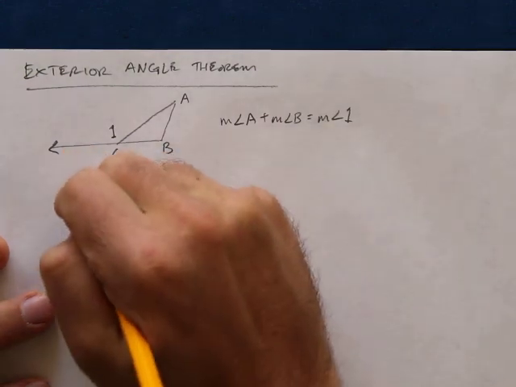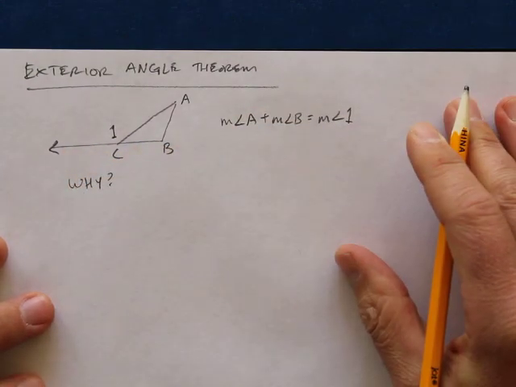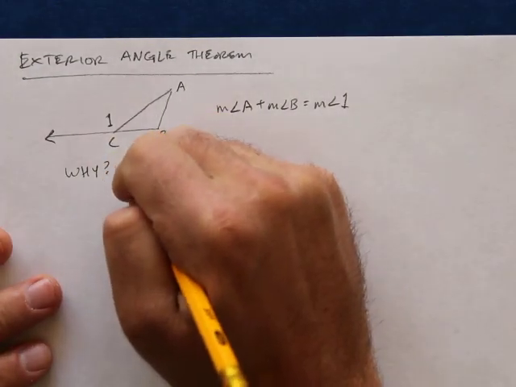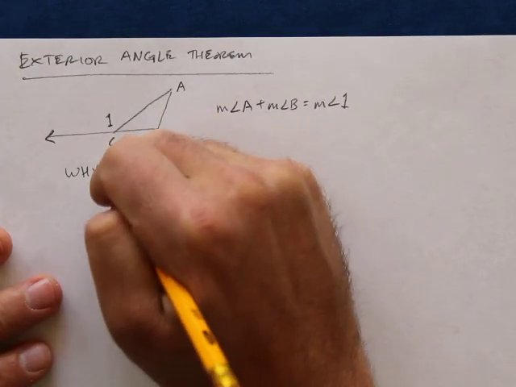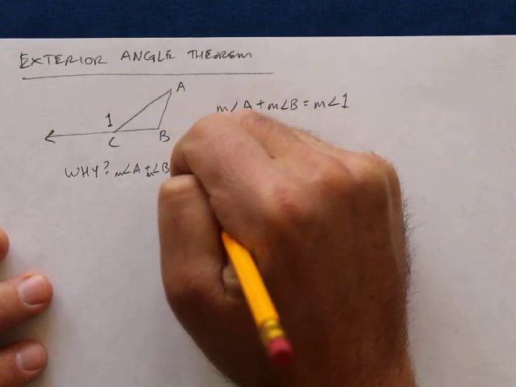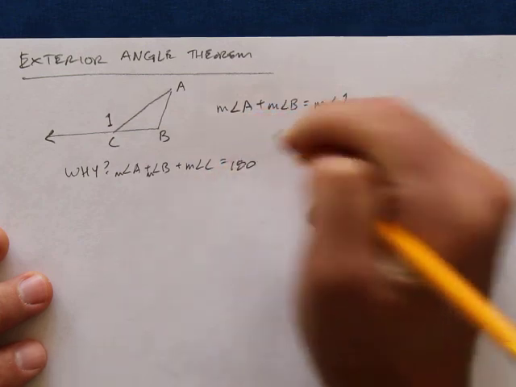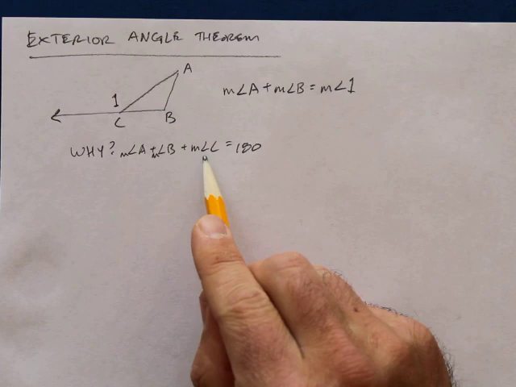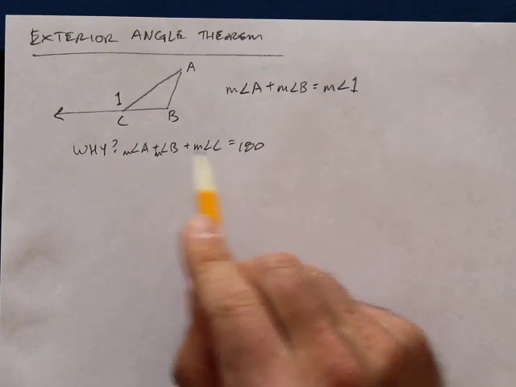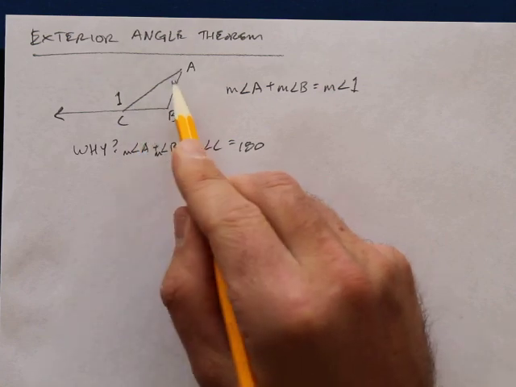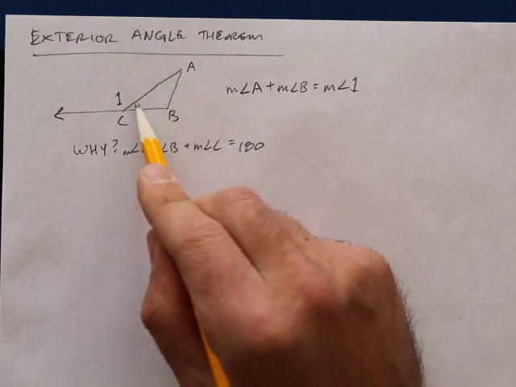Why? Let me show you why. The measure of angle A plus the measure of angle B plus the measure of angle C equals 180 degrees, right? So if all of these added up equal 180 degrees, if I add these two up and subtract from 180, I find out what this is.